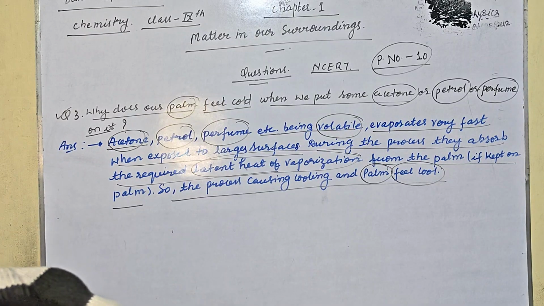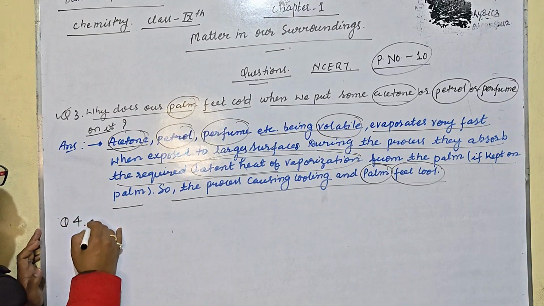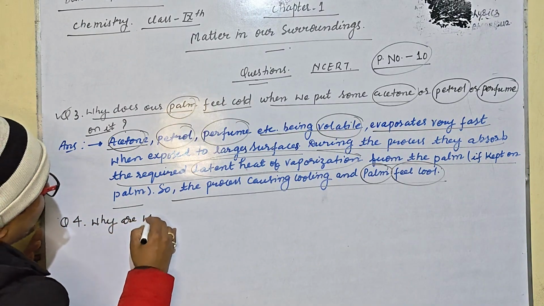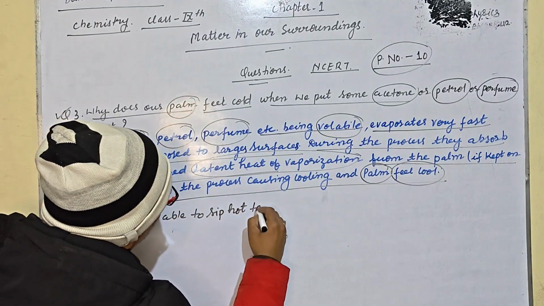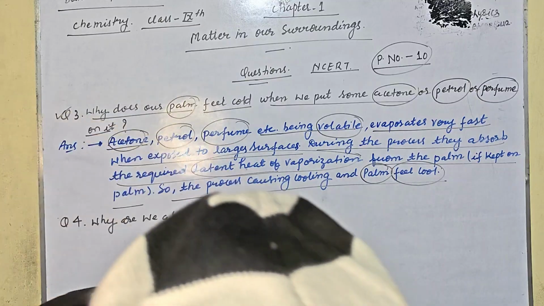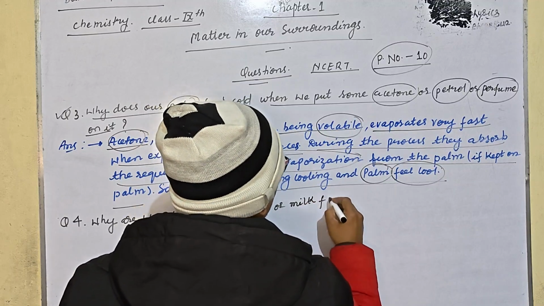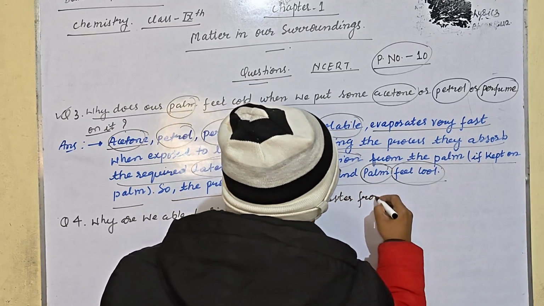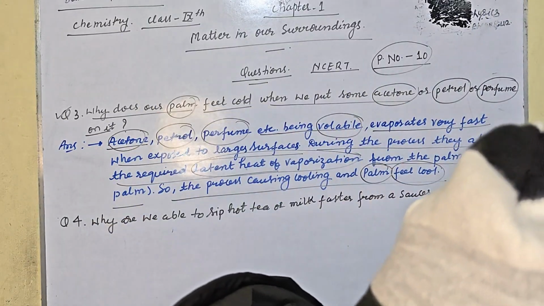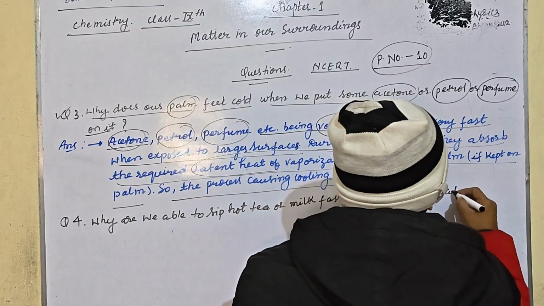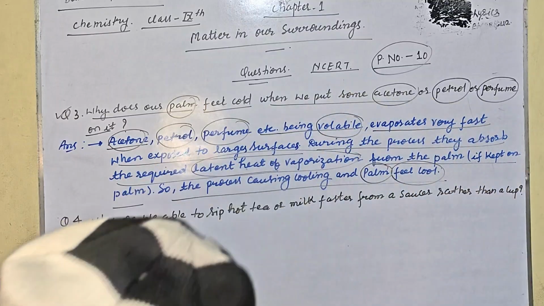Question number 4. Why are we able to sip hot tea or milk faster from a saucer rather than a cup? So give me the answer.